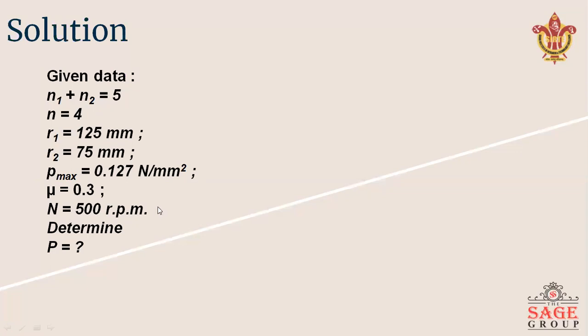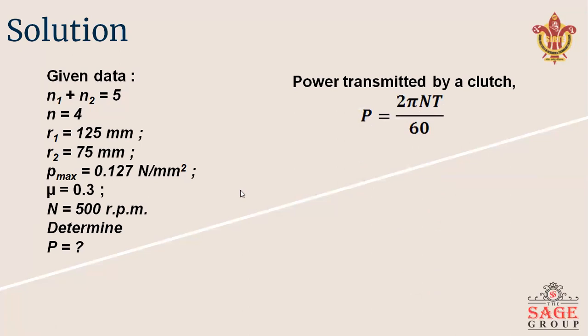And also given is the uniform wear theory. So we have to consider the uniform wear theory when we are solving this numerical problem, and we have to find out the value of power transmitted by the clutch. Initially, we know that the power transmitted by the clutch, P is equal to 2 pi NT upon 60.